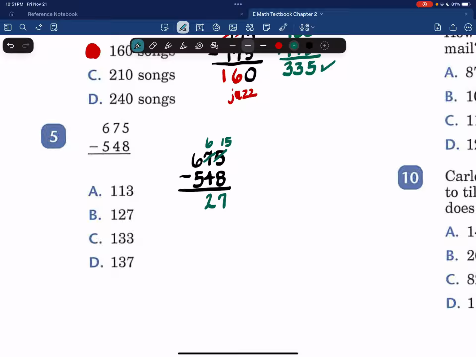And 6 take away 5 is 1. So I like answer B. But let's check. 125 plus 548 is going to be 673. So something's wrong.